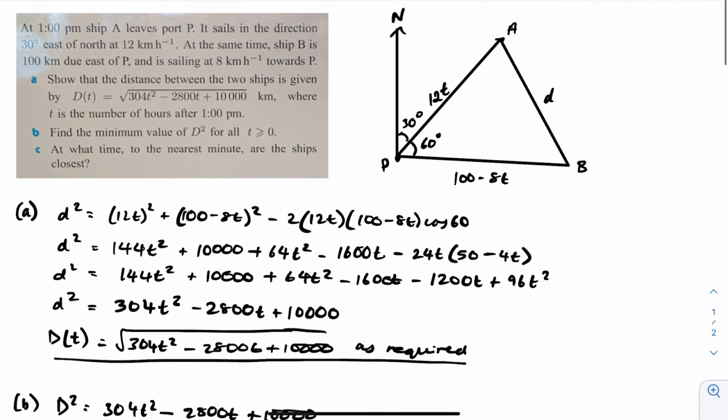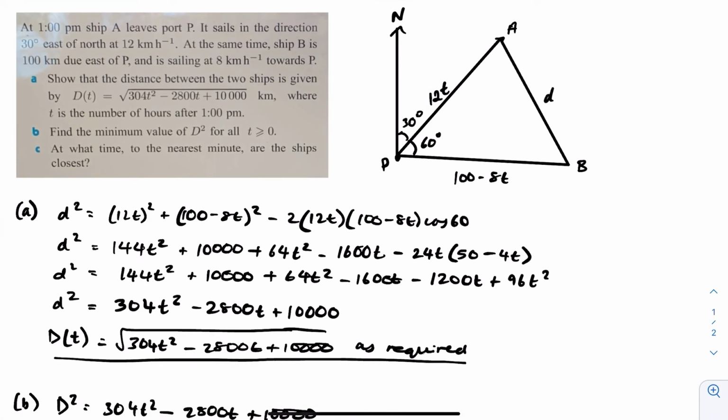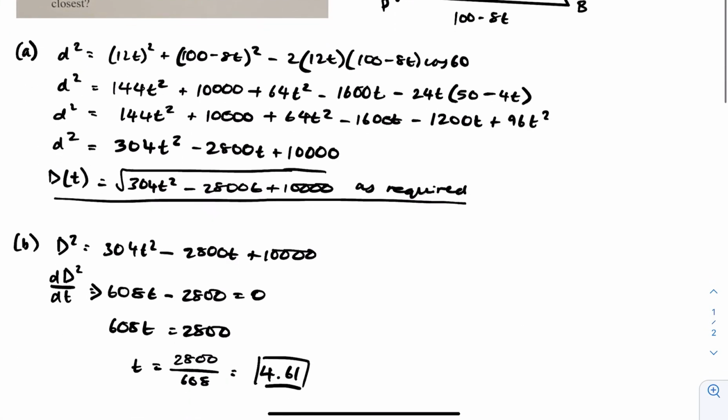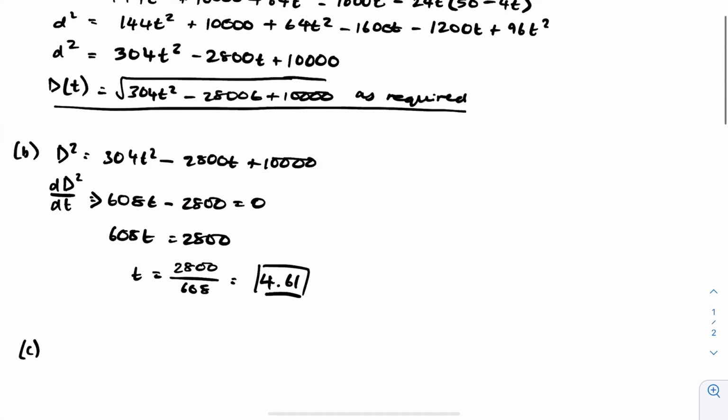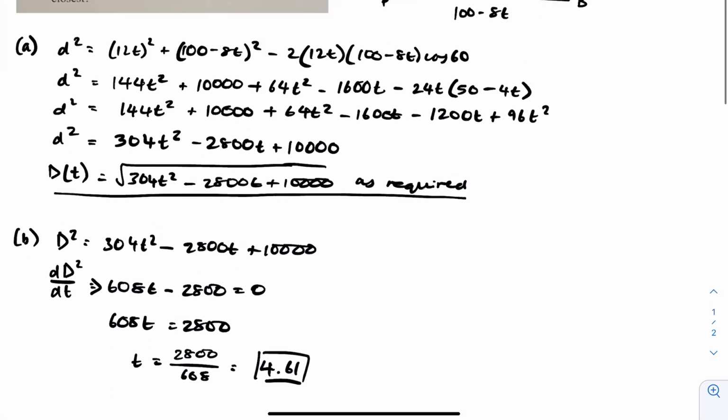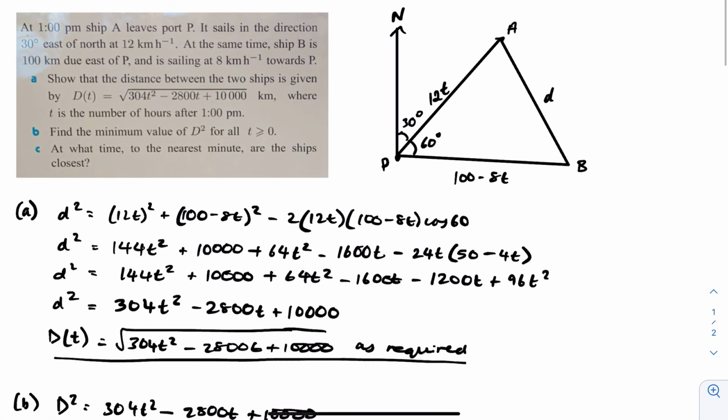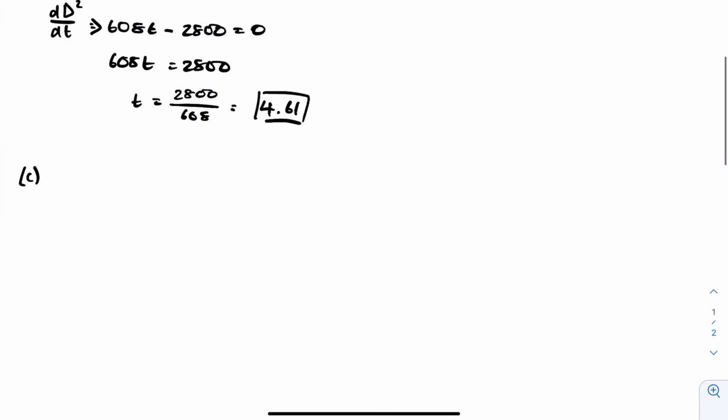All right, now on to part C. At what time to the nearest minute are the ships closest? So at this point, we've shown that the minimum value is at 4.61, which means that 4.61 hours after 1 p.m., the ships are at their closest distance together because it's a minimum value. So what we're going to do is express 4.61 in terms of hours and minutes. So clearly 4.61 is equal to 4 hours.